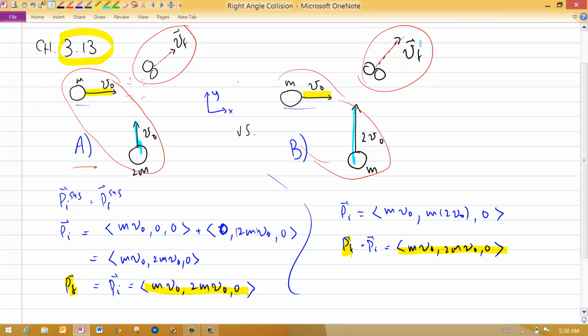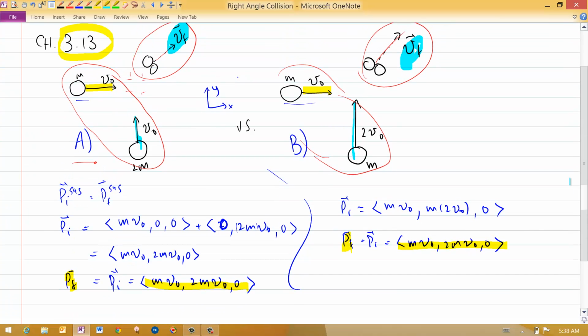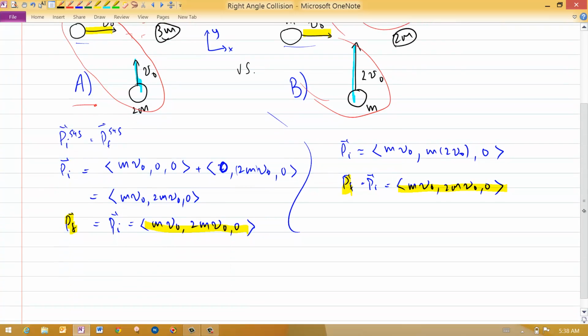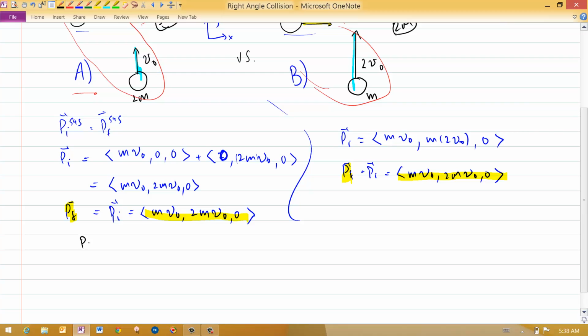But I'm asking about what is the final velocity. I want to know how fast these objects are going, and these systems have different masses. In situation A, I've got an object of mass 3m going with this momentum. Here I've got an object of 2m going with this momentum. So P final is the mass of the system times V final.